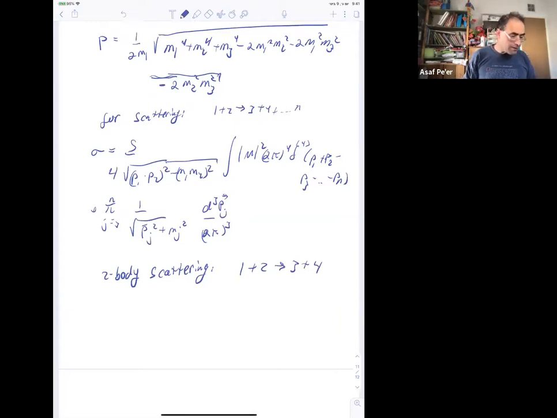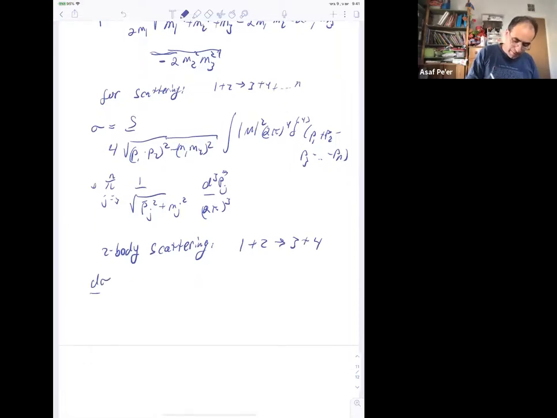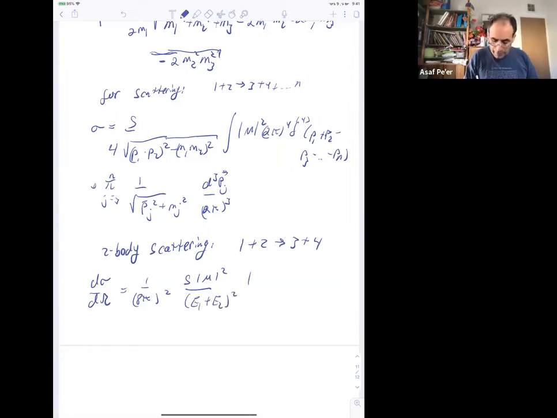And we showed that dσ/dΩ is 1 over 8π squared, over s, |M|² divided by (E1 + E2) squared, and then pf over pi. My pf is the magnitude of the outgoing particles' momenta, and pi is the magnitude of the incoming particles' momenta. Again, in the center of mass frame, of course.